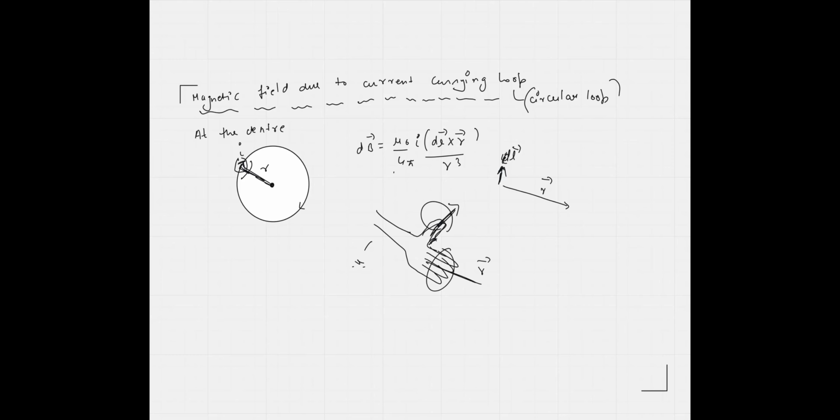Wherever the front part of your palm is pointing, that is the direction of the magnetic field. In other words, assume this is the 3D plane I'm trying to build up. So this is upside, this is this side, so your palm is facing this side. So this is your magnetic field. Clear? So upside you are pointing, so this is the direction of magnetic field.